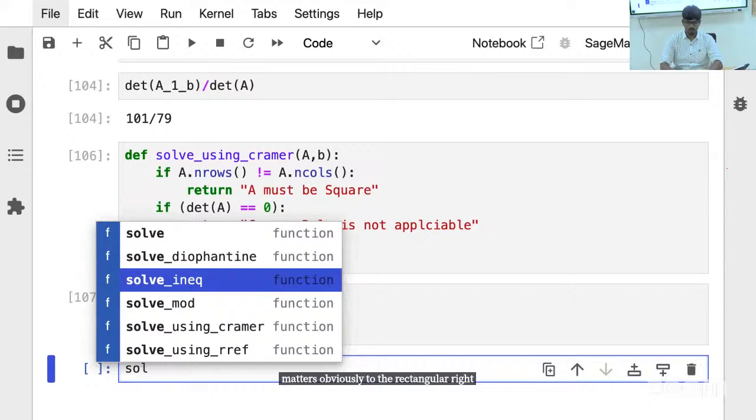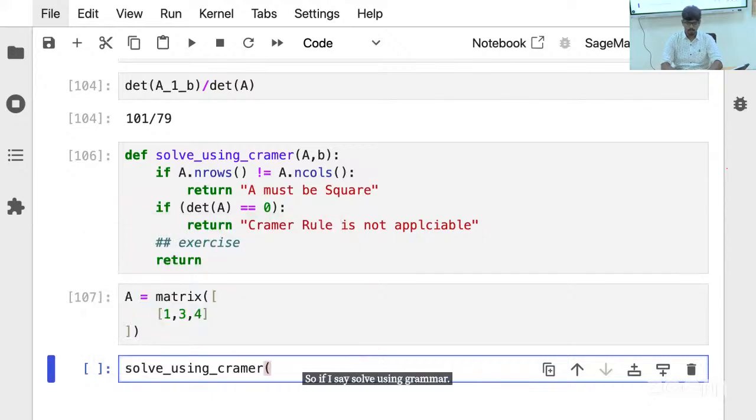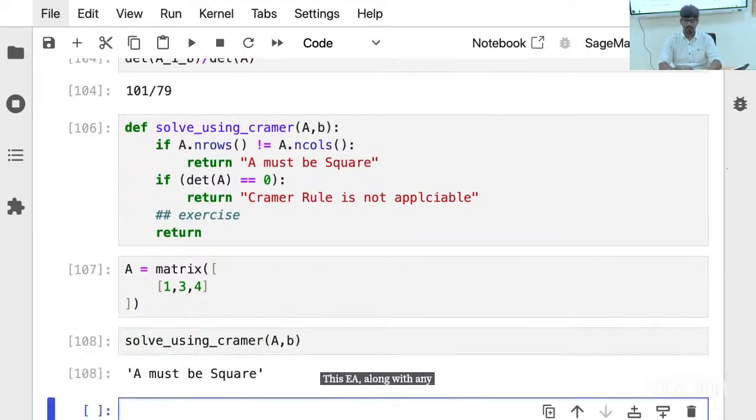So if I say solve using Cramer of this A along with any B, it says clearly A must be square, right? Is it okay? I think that's a lot of programming. Let's move on.